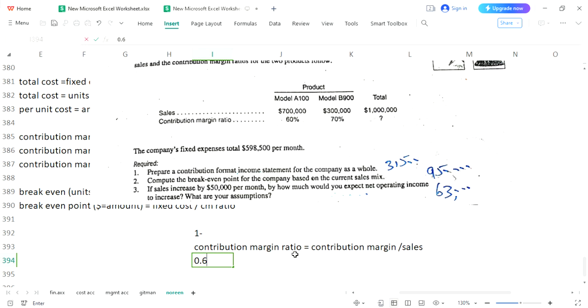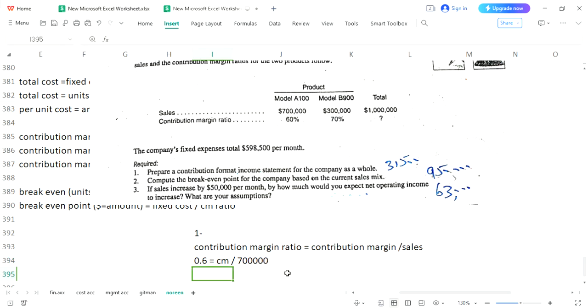Follow this formula: 0.6 is equal to contribution margin, which is not present over here, so you can write CM to save time, and then you divide it by sales. Sales are mentioned over here, 7 lakh, so you can write 7 lakh over here.